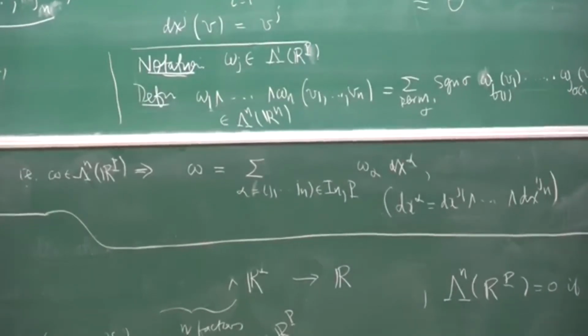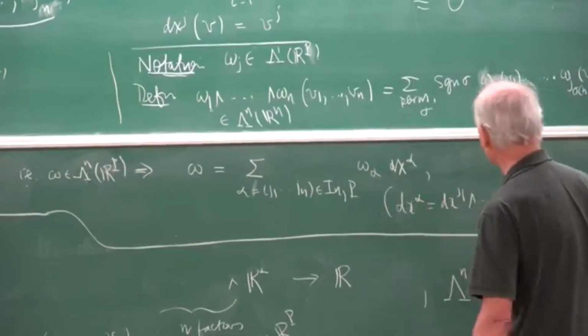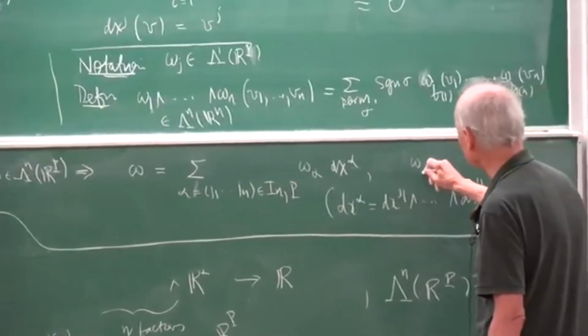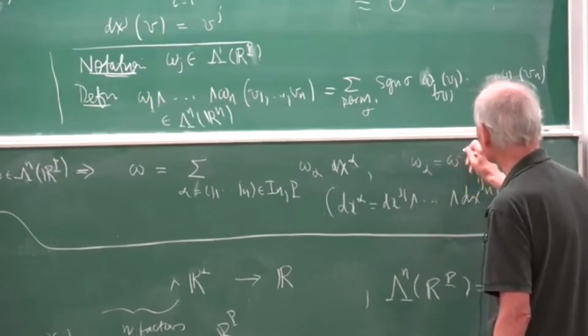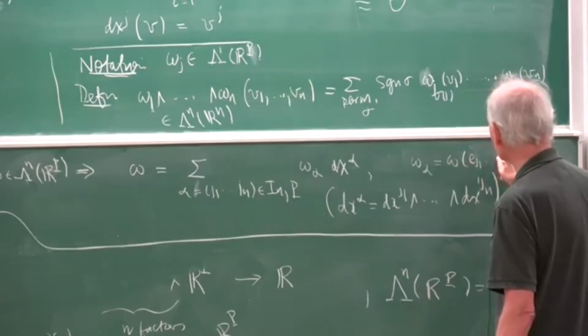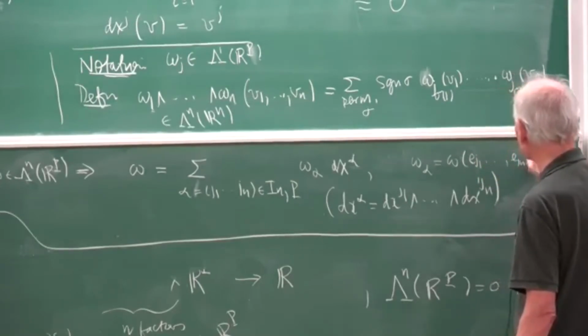So now that really looks very compact, and furthermore you can say what the ω_α is. ω_α is just ω at e_j1 up to e_jn.